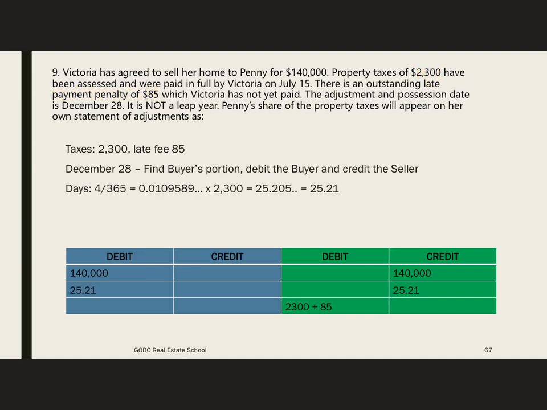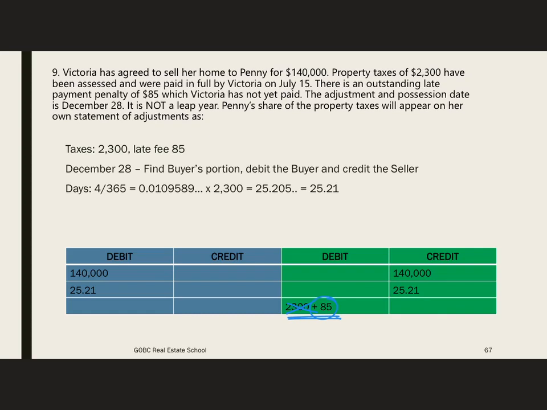So this is what we would normally do. But in this situation, technically this is not correct because we wouldn't actually debit the $2,300 to Victoria, the seller, because they were already paid by Victoria. So the only thing that we're concerned about now is that $85. If you were doing a full statement, that's how you would take care of that.